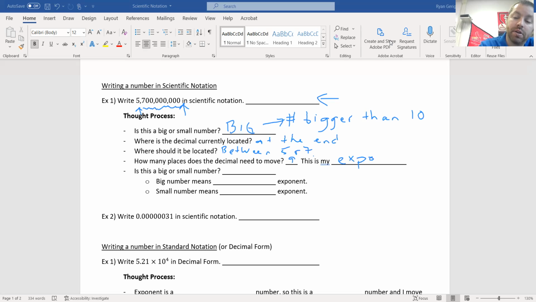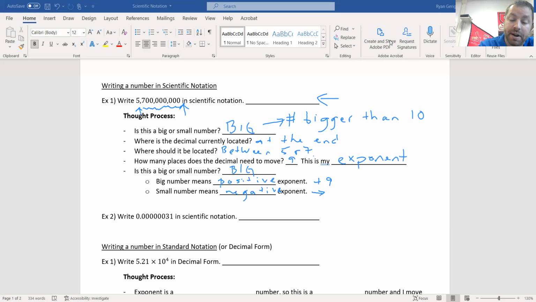Now, I just referenced above that the exponent could be negative, which leads to the last bullet point here. Is this a big or small number? I've already asked that. It's big, but it's going to lead to these last 2 things. A big number means a positive exponent, and a small number means a negative exponent. So this is a big number, so it's a positive 9.